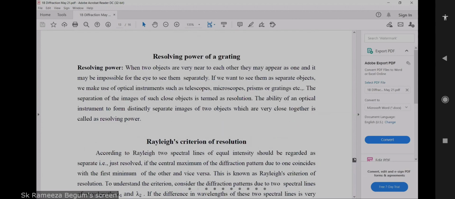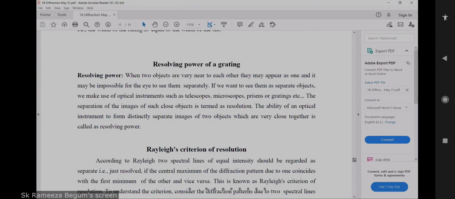Now coming to the resolving power of grating. Resolving power means that when two objects are very near to each other, they may appear as one, and it may be impossible for the eye to see them separately.